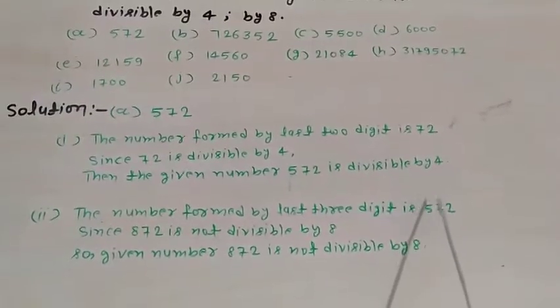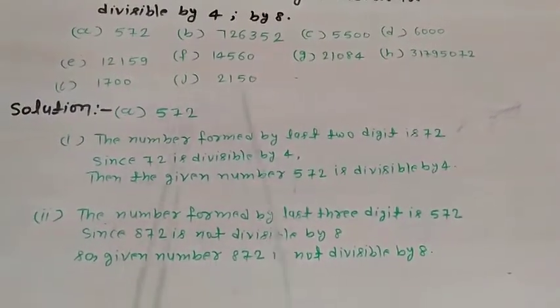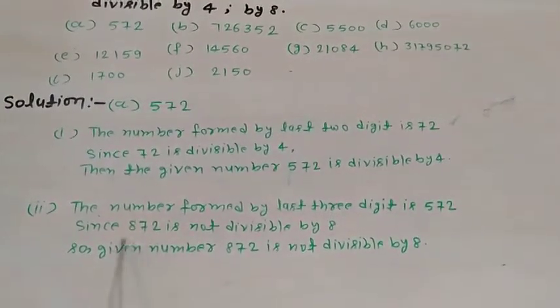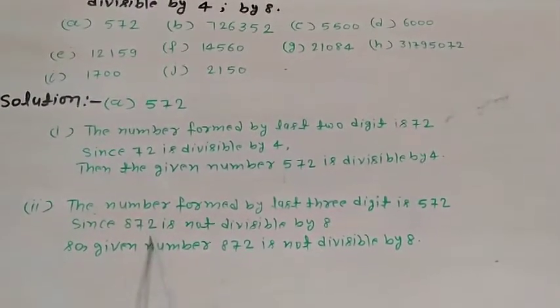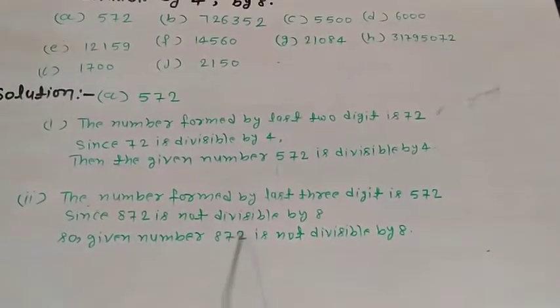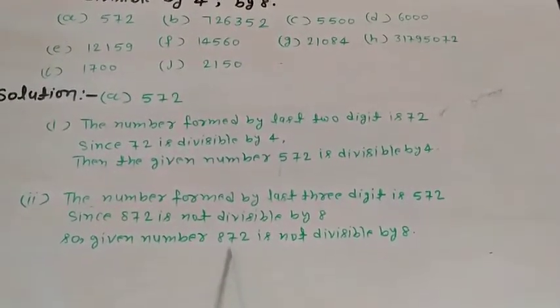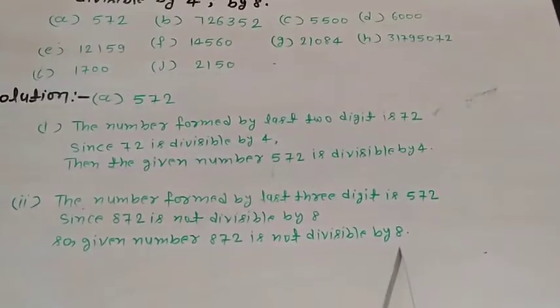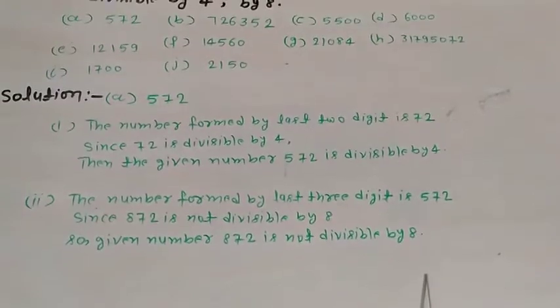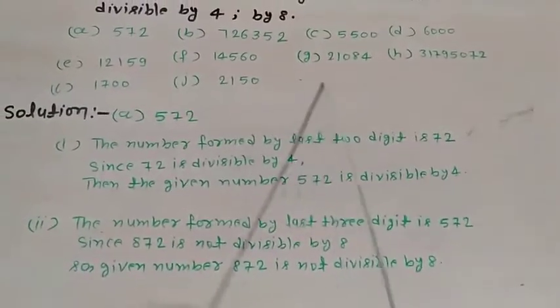If the last three digits are not divisible by 8, then the given number is not divisible by 8. So since 872 is not divisible by 8, the given number 872 is not divisible by 8. We apply this test and check all the questions.